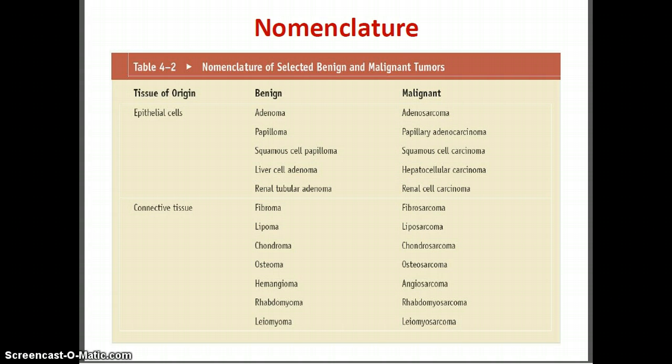Here's some nomenclature, the different types of cancers that occur and where they occur. If it is in your epithelial or layering and lining tissue, such as skin and lining of our digestive, respiratory, and other tracts, reproductive, it will be cancer of the epithelial cells, and here are the classifications. If it is within connective tissue, there is a different classification.